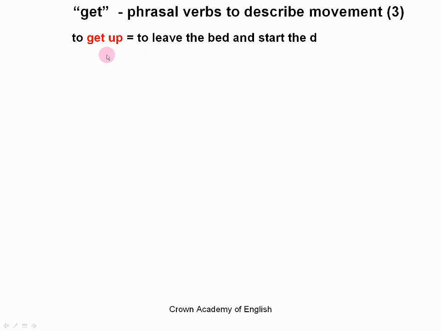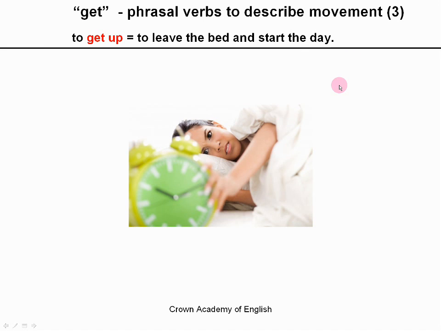I'm sure everybody knows this one. This is very common. To get up. And this is what we do in the morning when we leave the bed and start the day. So after we wake up, we then get up. Jane is getting up.